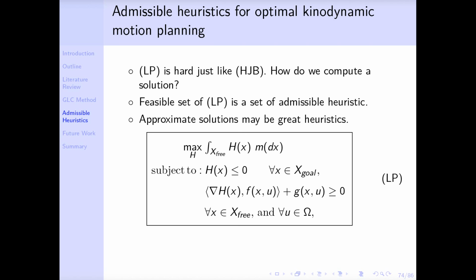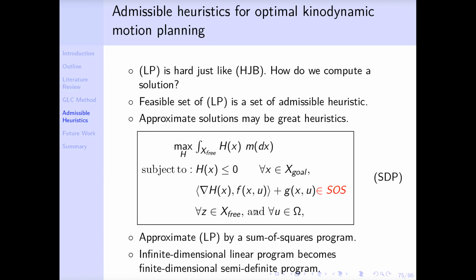And then if we additionally assume that the dynamics and running cost are polynomial functions, which is a little bit restrictive, then the constraints become polynomial inequality constraints. And while this is NP hard to check in general, polynomial inequality constraints lend themselves very nicely to sum of squares approximations. So if we just replace the inequality constraint with a sum of squares constraint, this entire problem gets turned into a semi-definite program, which we can solve to arbitrary accuracy in polynomial time.